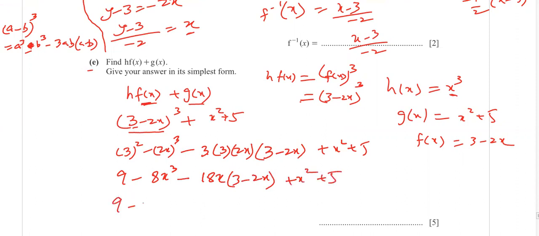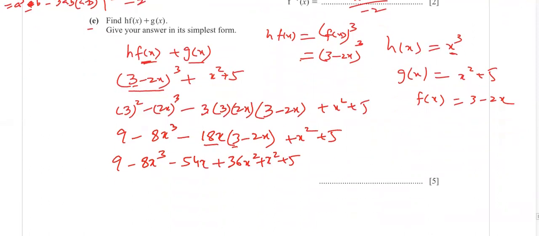Now that will be 9 minus 8x cube, 18x with 3 is 54x. This minus and minus will be plus 18 into 2, 36x square, plus x square plus 5. So 36x square plus x square will be 37x square minus 8x cube minus 54x.